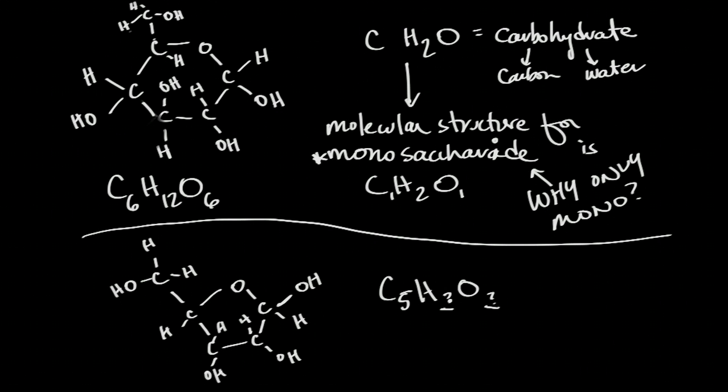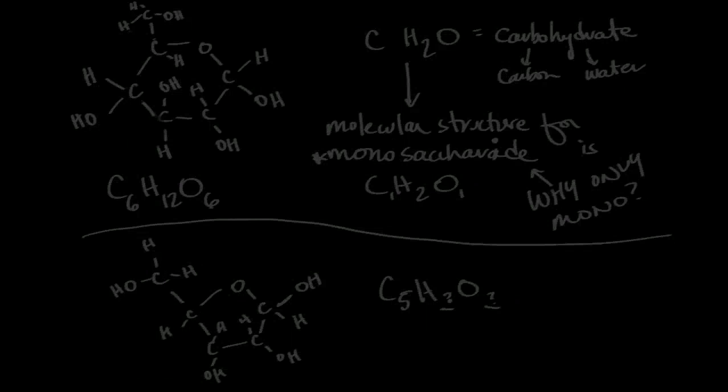So let me reduce this down so you can't see it anymore. Okay? And then we need to know, you need to be able to recognize a fatty acid chain. And let's draw this.